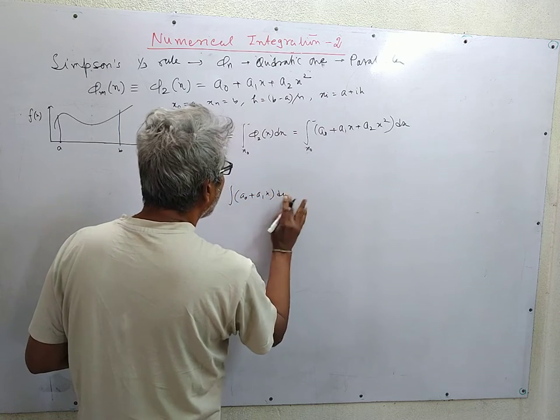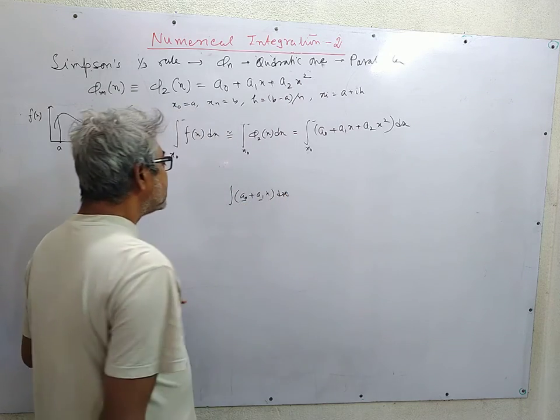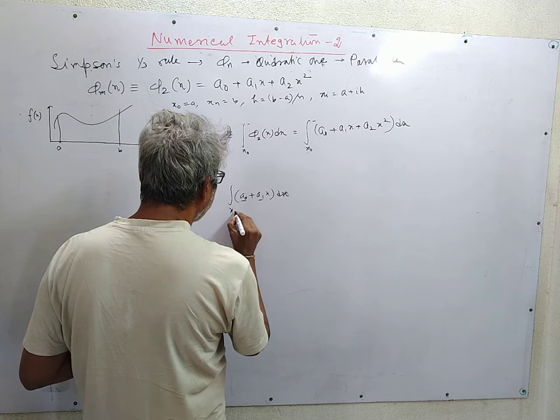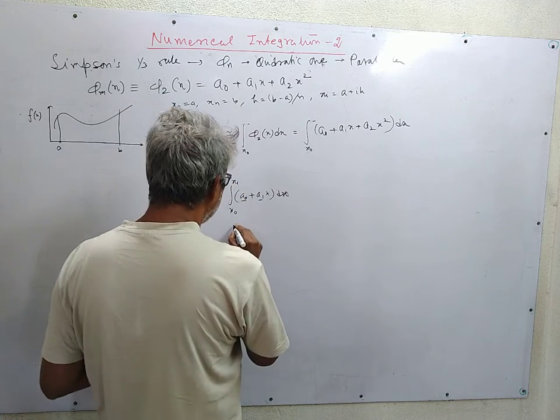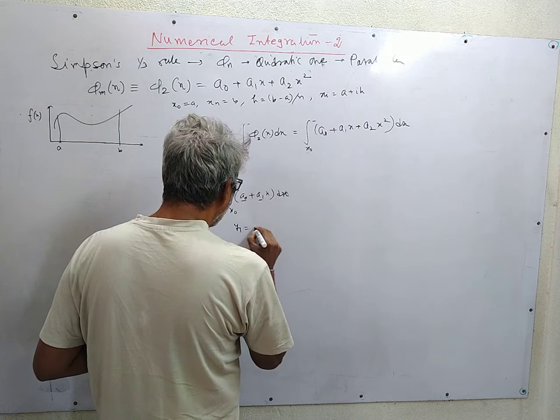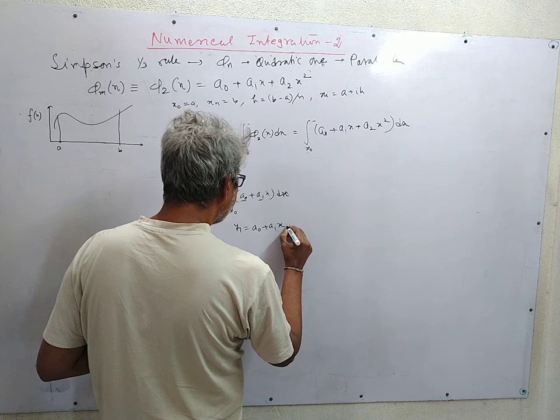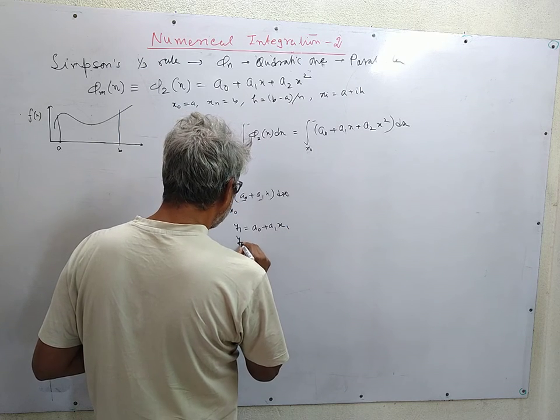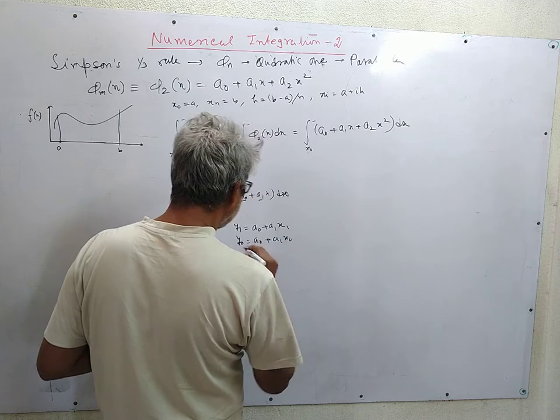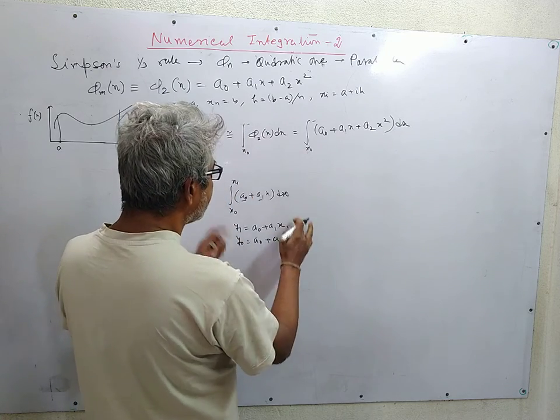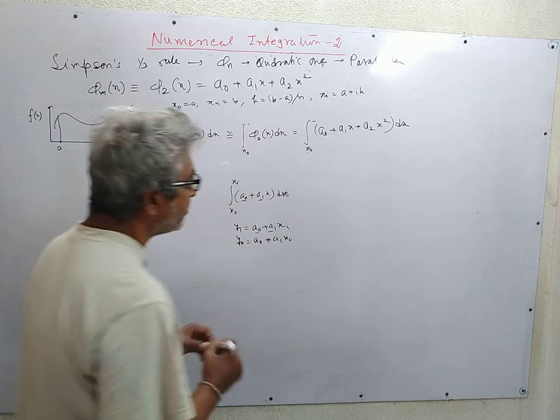Now you see that in the case of the trapezoidal rule, the corresponding part was a0 plus a1x dx, and there were two unknown constants which can be evaluated from two conditions, x0 and x1. That is, we know y1 is equal to a0 plus a1 x1, and y0 is equal to a0 plus a1 x0. There were two conditions, and two conditions were sufficient to find a0 and a1.